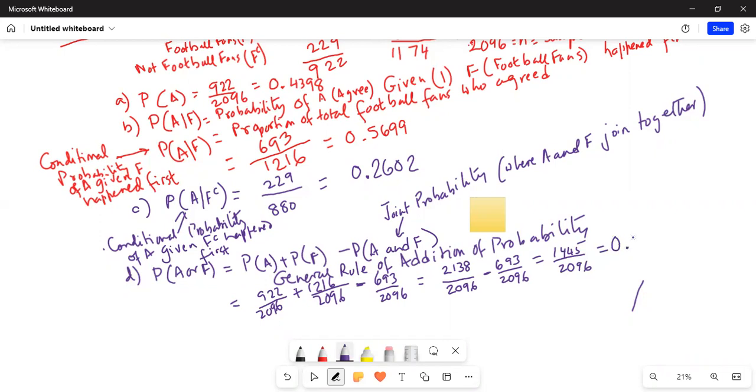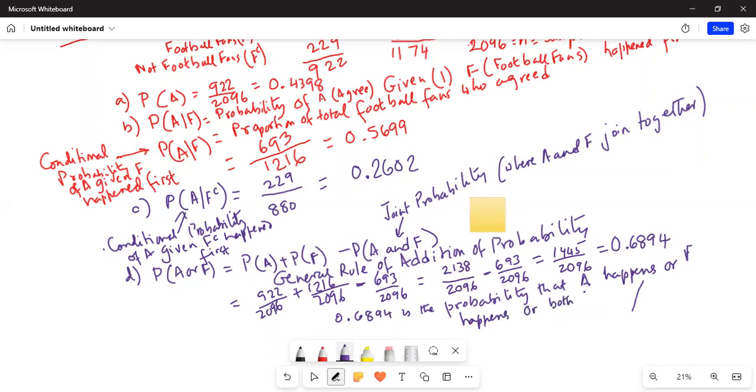That will be 0.6894. What does it mean? This is the probability that A happens or F happens or both A and F happen together.